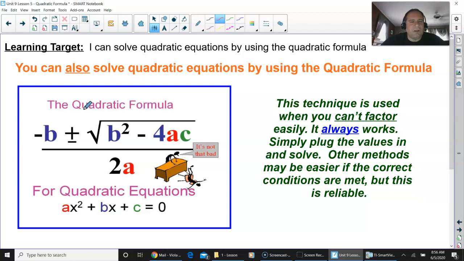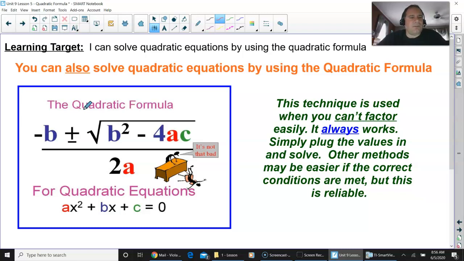This technique is used when you can't factor easily, right? This always works. Get used to using it. Get used to seeing it. It is negative b plus or minus square root b squared minus 4ac over 2a.